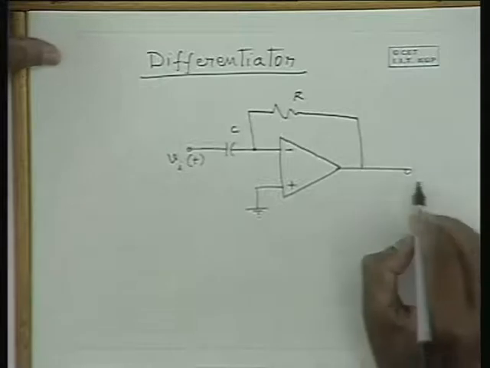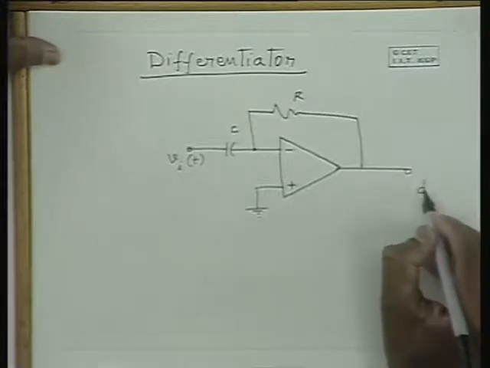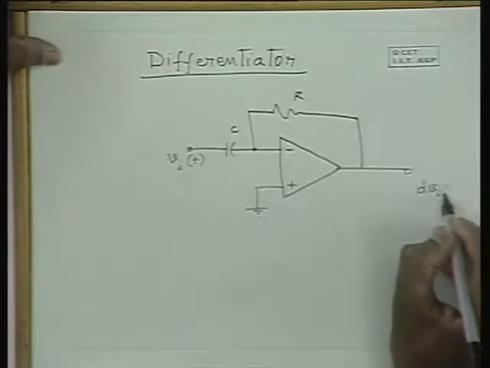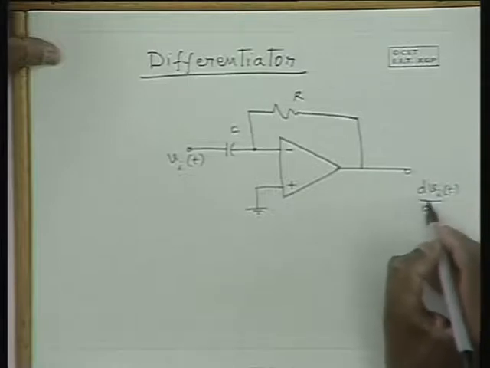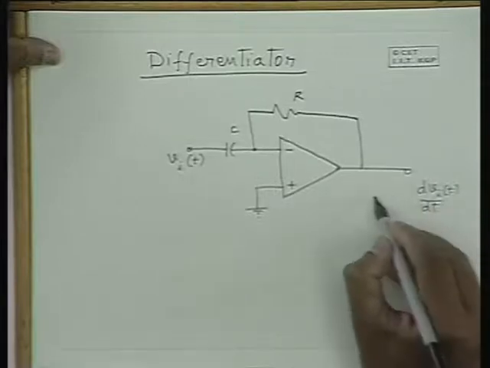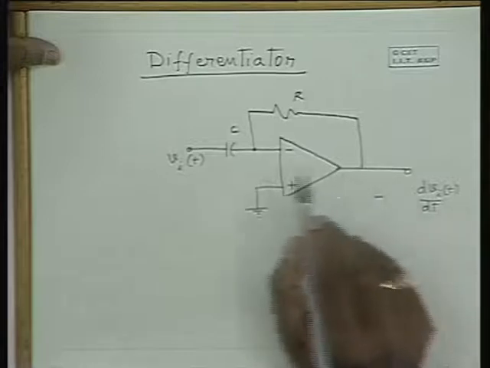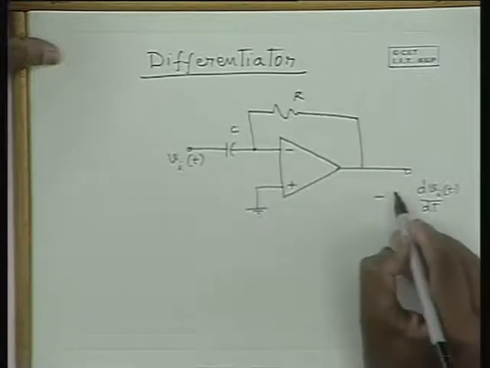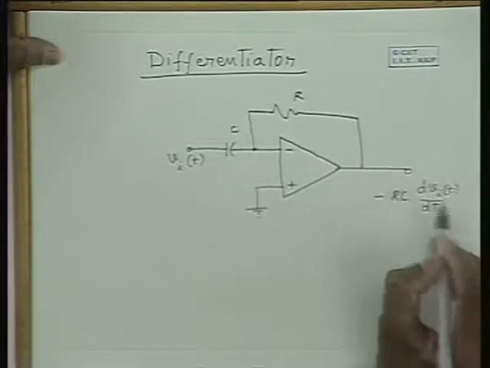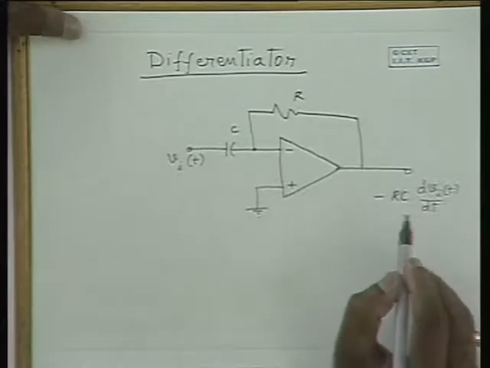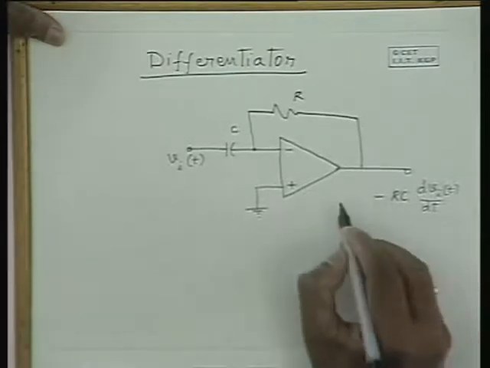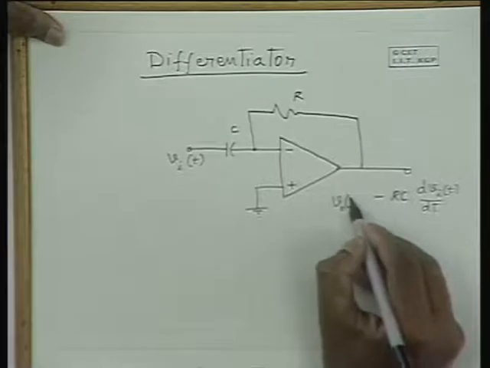Now this gives you dVi(t) by dt as the output, of course with a negative sign because it is an inverting amplifier, and a scaling factor which is equal to RC. So this is what you get as the output voltage.